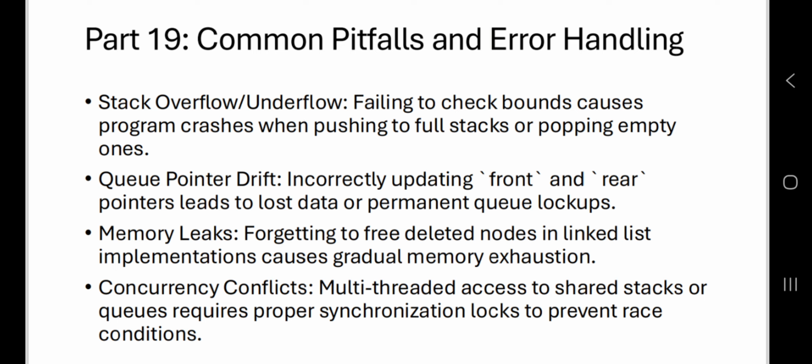Incorrectly updating front and rear pointers leads to lost data or permanent queue lockup. Memory leaks. Forgetting to free deleted nodes in linked list implementation causes gradual memory exhaustion. Concurrency conflicts. Multi-threaded access to shared stack or queues requires proper synchronization locks to prevent race conditions.